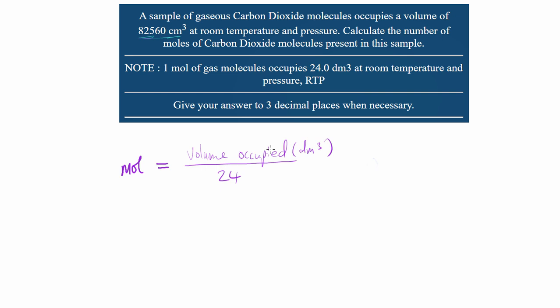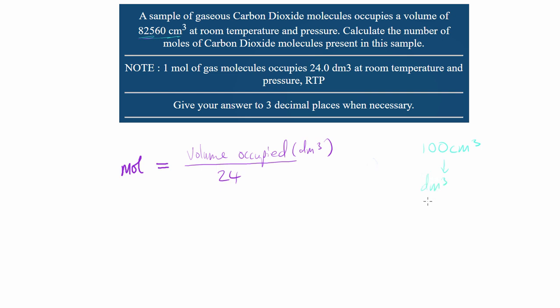into effectively what it would be in the context of centimeters cubed. Now, what we know is that if we have, let's say, for example, 100 centimeters cubed, right? We want to convert that to decimeters cubed.